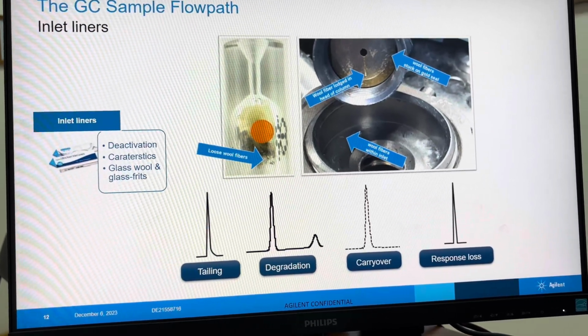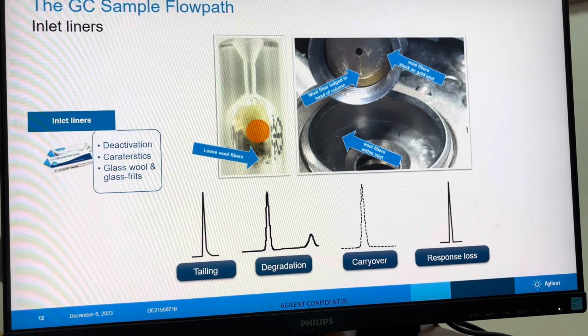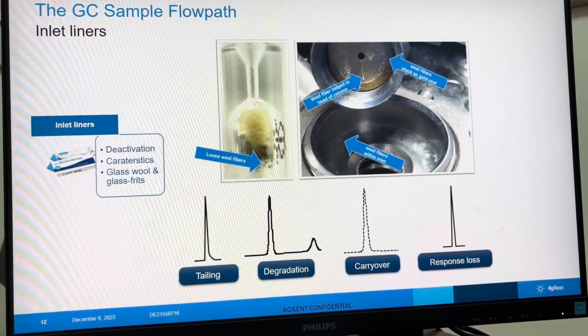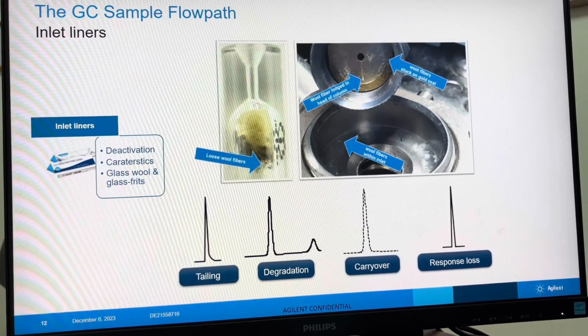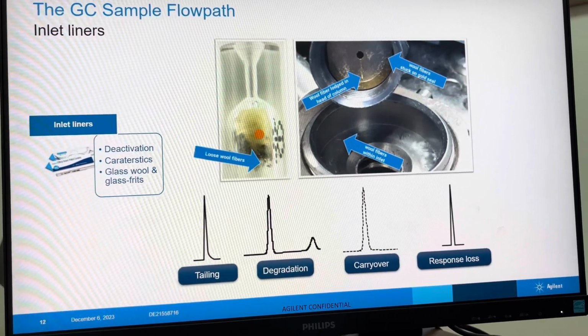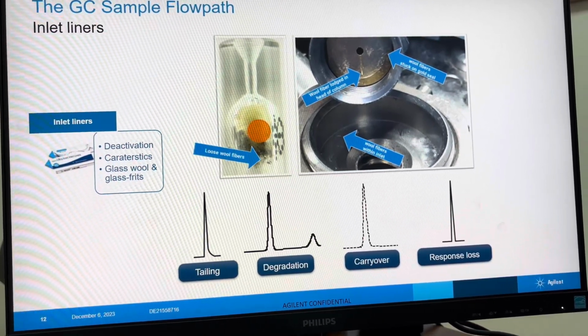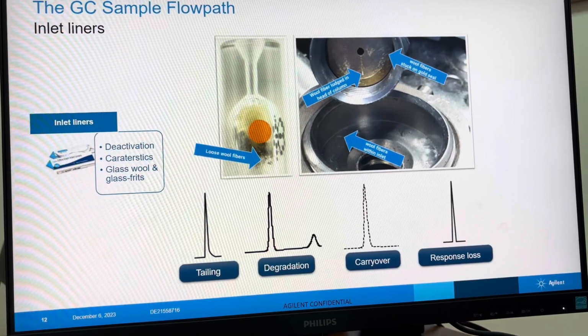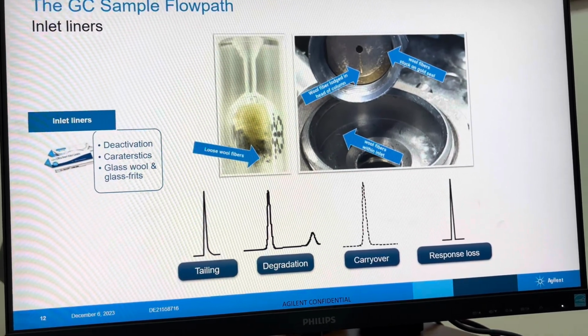And secondly, we may not require a glass wool liner all the time, especially for compounds which are highly active in nature, which can be retained anywhere else due to moisture or other reasons, or highly basic compounds.